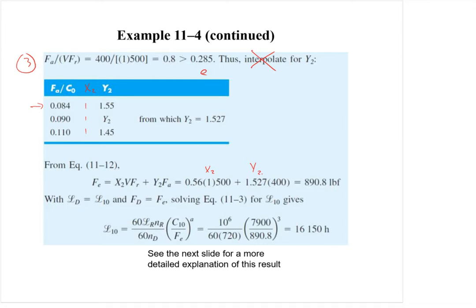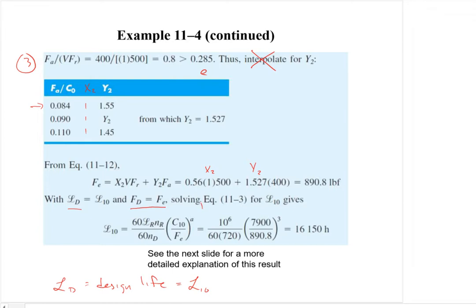And then the design life, they're saying L sub D is design life, and that's equivalent to the L10 life, the life at which 10% of the bearings will fail. And the design force is the equivalent radial and axial load.